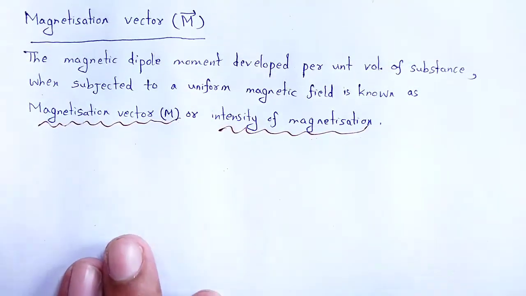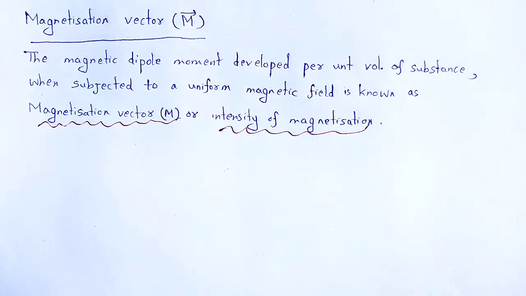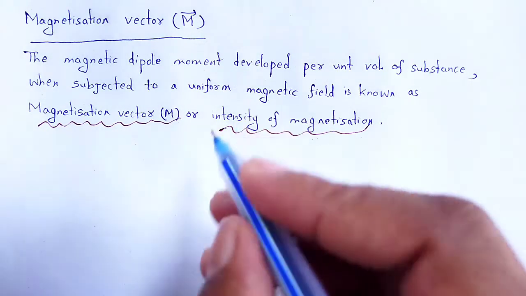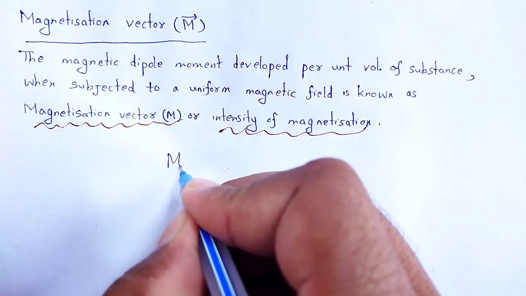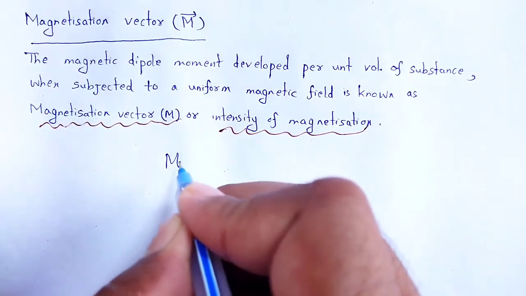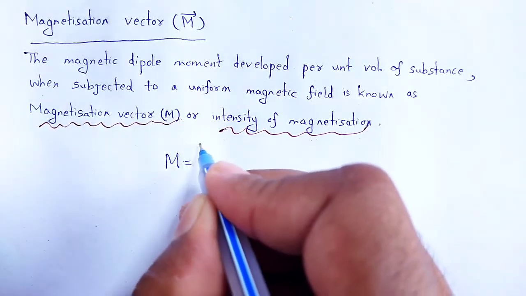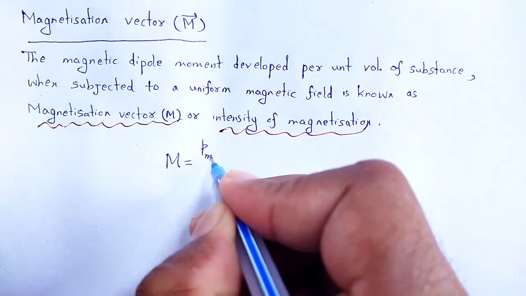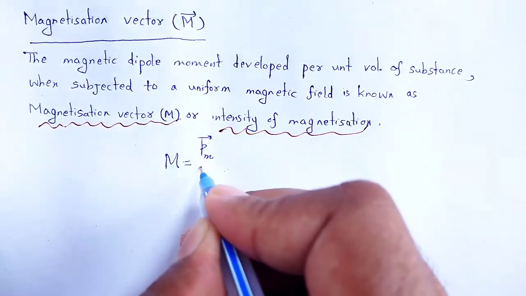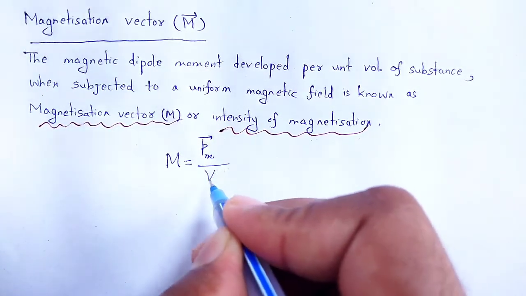Intensity of magnetization. So how do we define that? M is equal to magnetic dipole moment Pm divided by volume.